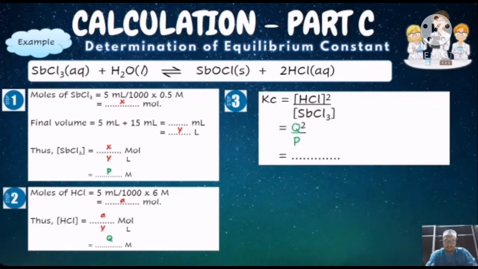And step 3: Kc equals the concentration of HCl to the power of 2 divided by the concentration of antimony trichloride, equals Q to the power of 2 divided by P.